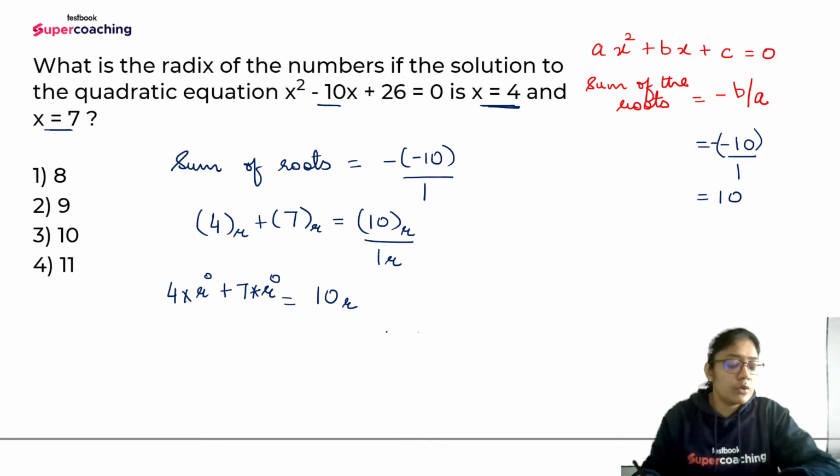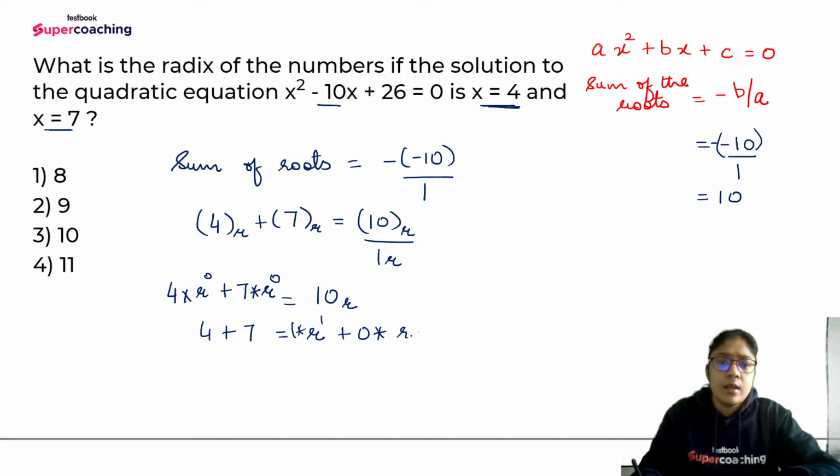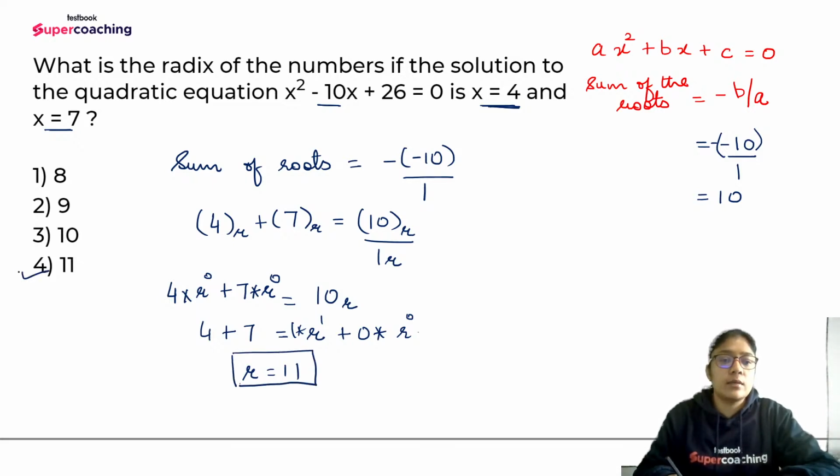So in this case, we are getting 4 plus 7 is equal to r. How did r come? 1 into r raised to power 1 plus 0 into r raised to power 0. So this implies that r is equal to 11. This is one method.